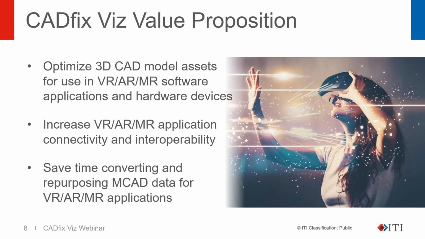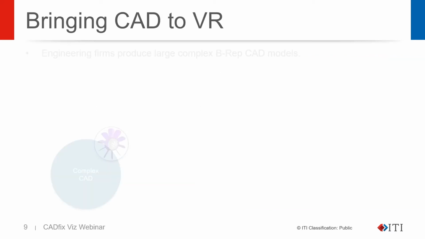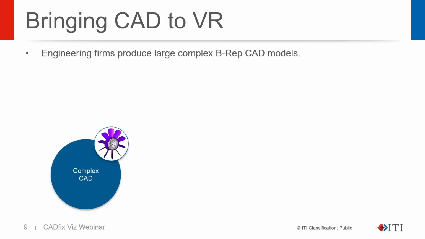The multi-CAD and multi-mesh import and export allows users to seamlessly move from the CAD space to the visualization space, taking native CAD files into various applications downstream. And as I said before, automation and batch capabilities reduce the time spent repurposing complex CAD for use in our downstream applications.